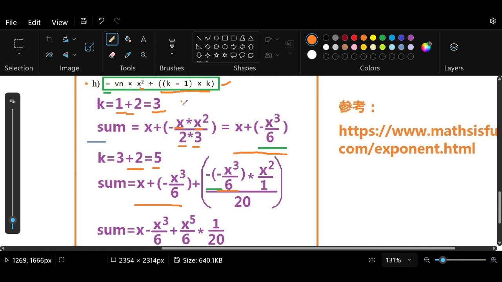So it's 5 minus 1 times 5, which gives us 20. 4 times 5 is 20.